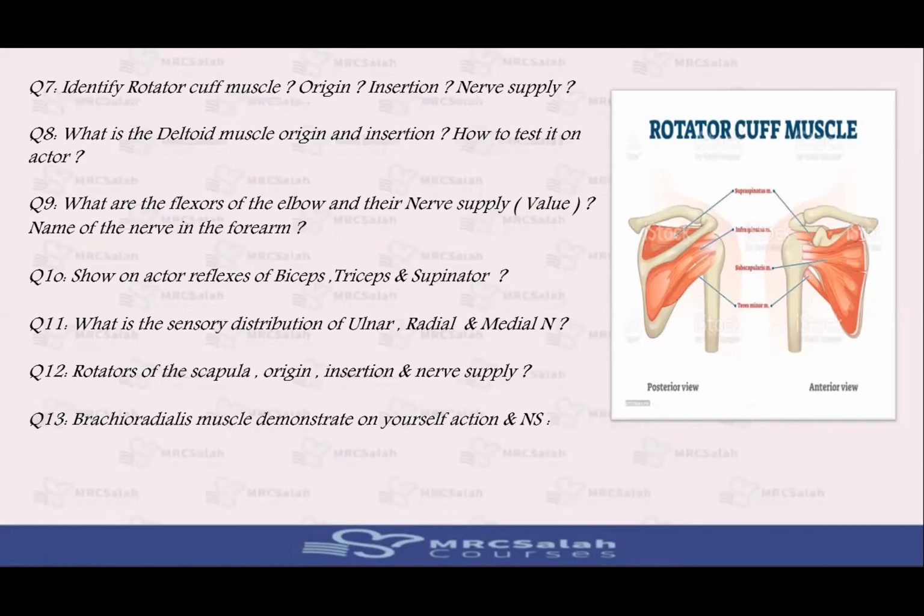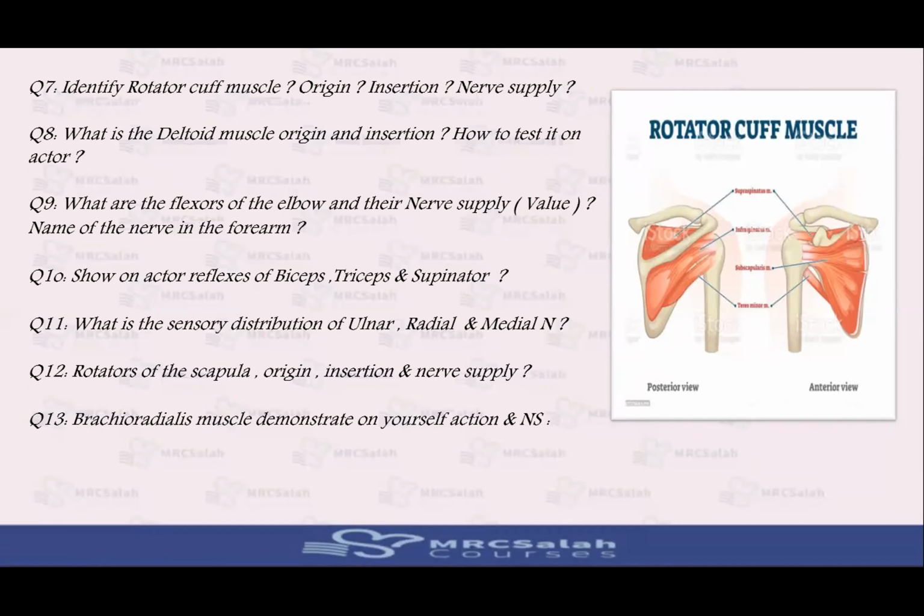Okay, what about the upward rotation? The upward rotation is through the trapezius and serratus anterior. Okay, what's the origin and the nerve supply? The trapezius originates from the spinous processes C7 to T12, the occipital protuberance and the nuchal ligament.